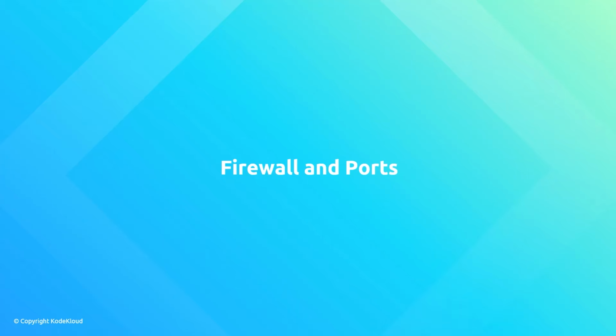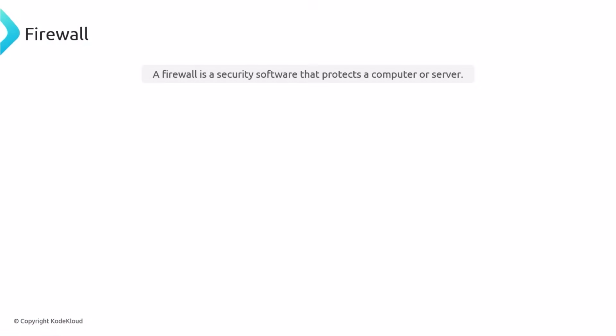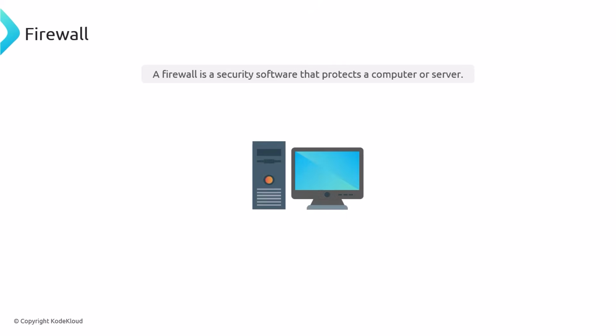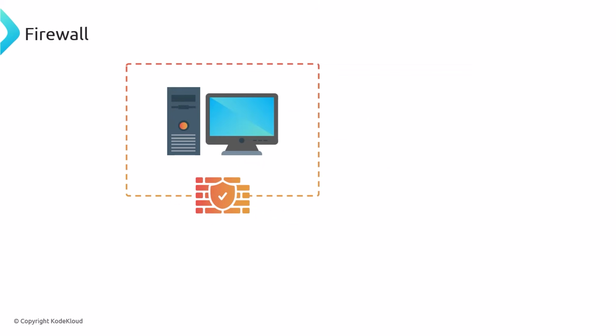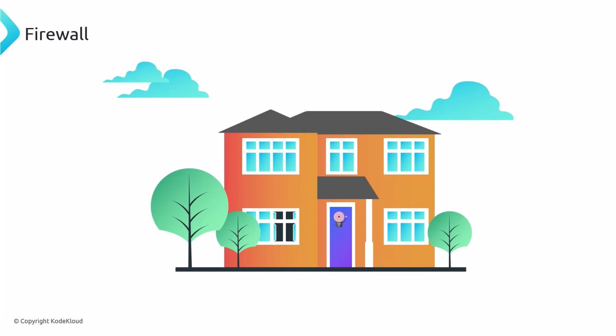So what's a firewall? A firewall is a software security guard that can be used in a computer or a server. It acts like a barrier between your system and the internet to protect you from potentially harmful threats. A firewall monitors the information that comes in and out of your computer network. Think of a firewall like a home security alarm system.